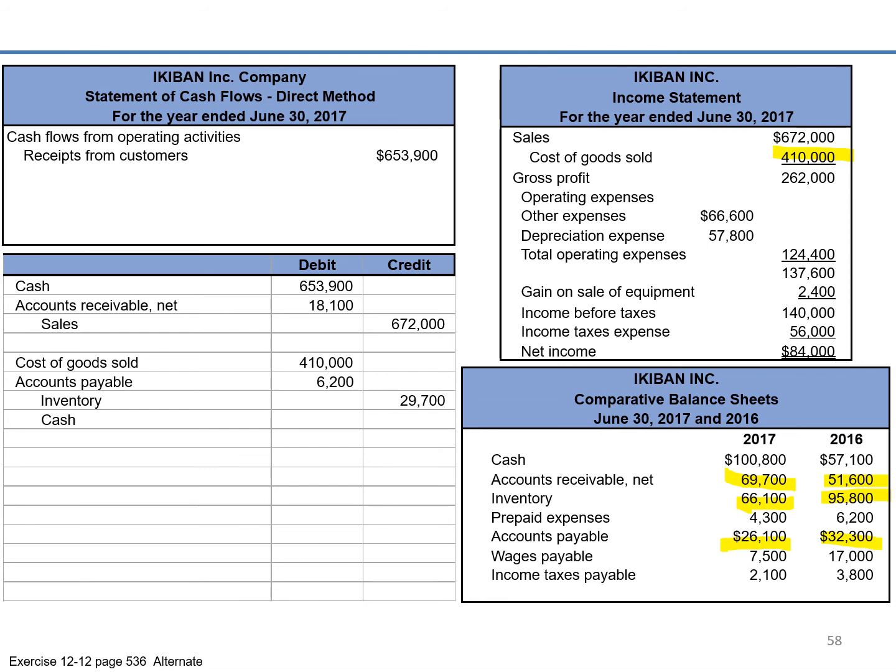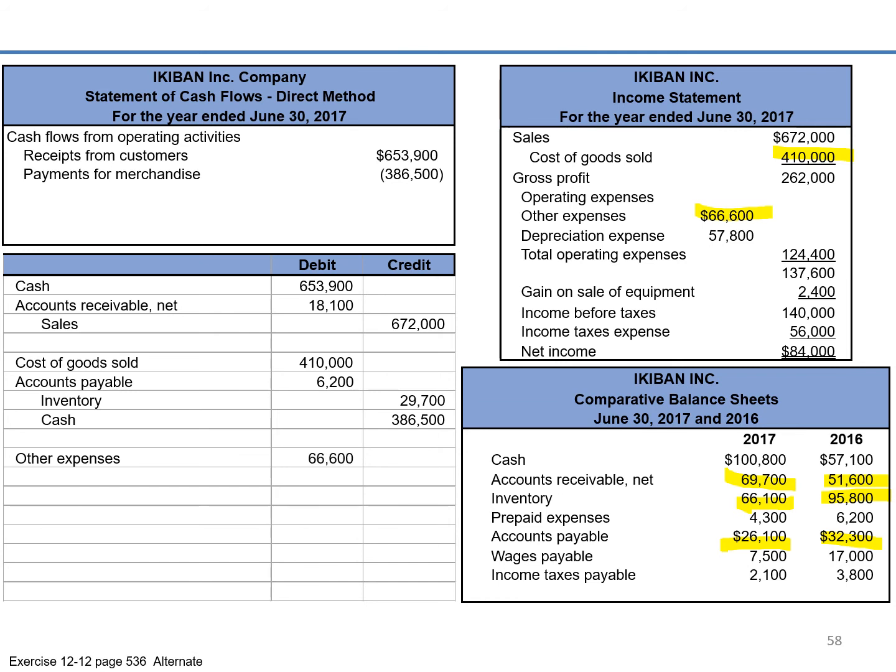So that must mean that the cash that I have paid out for inventory, or for merchandise, is $386,500. Okay. Then if we look at our other expenses, our income statement says we have $66,600 in other expenses.